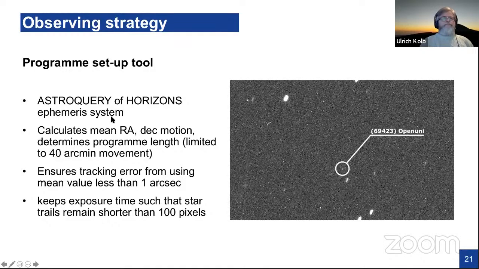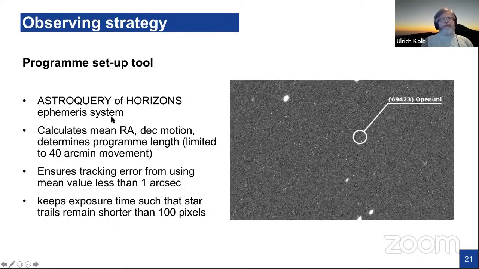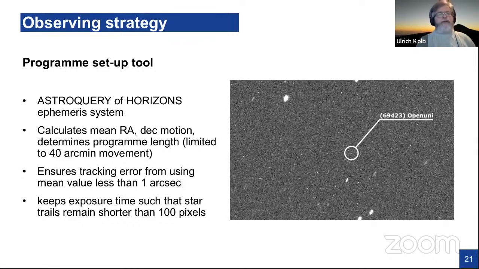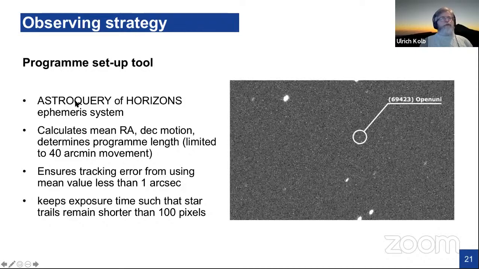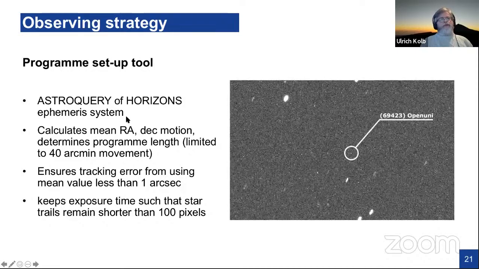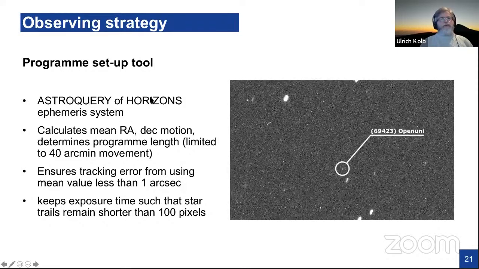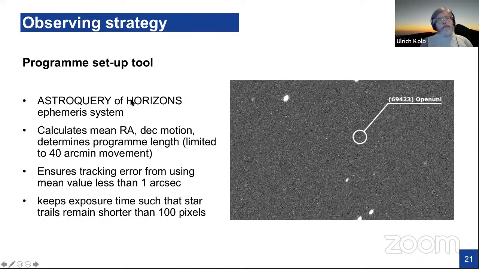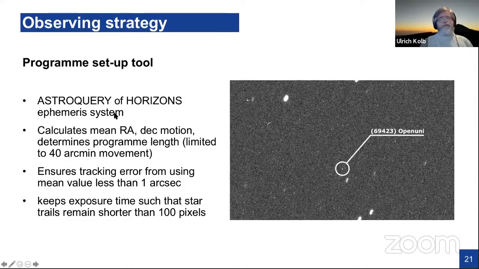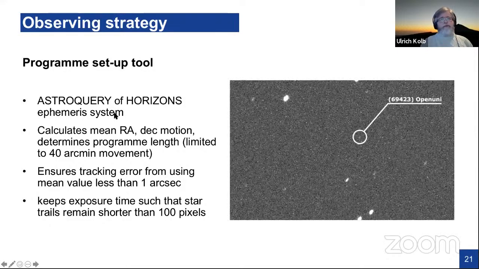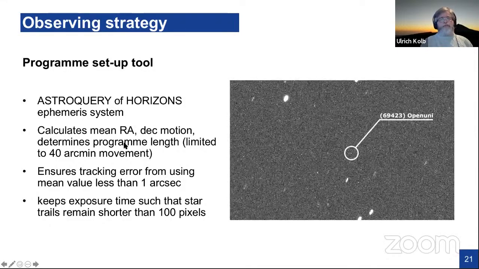So how is this fed into the telescope? There's an automated, if you like, program setup tool. There's a query going on of the Horizons database, ephemeris system to find the mean RA and declination of suitable asteroids.